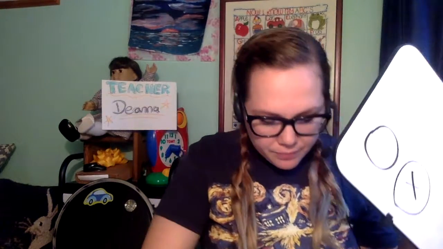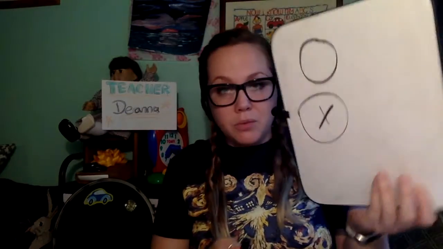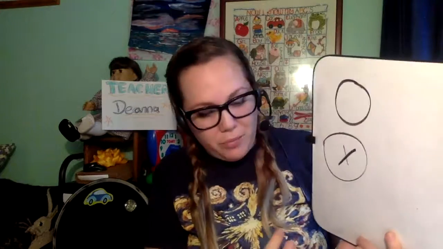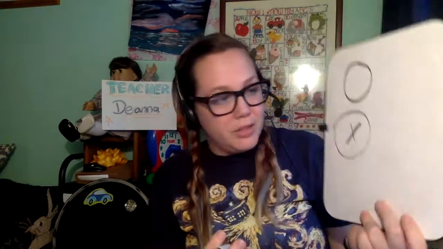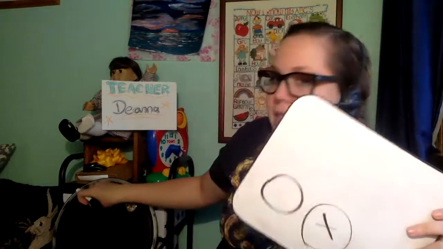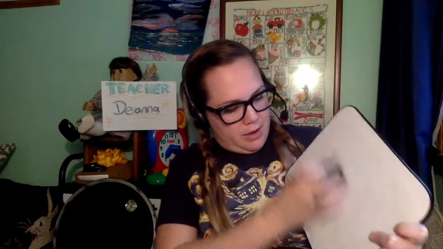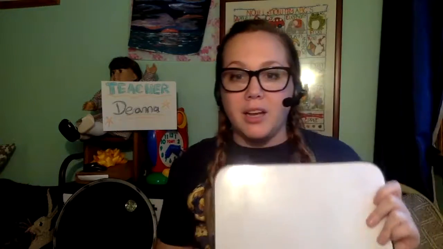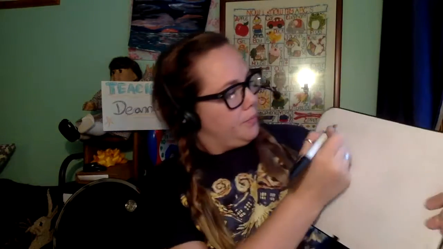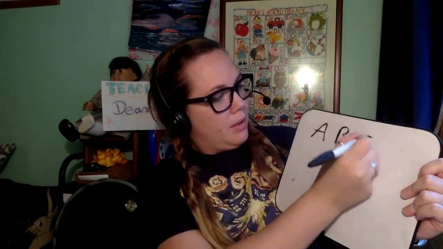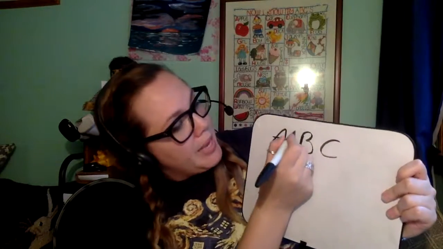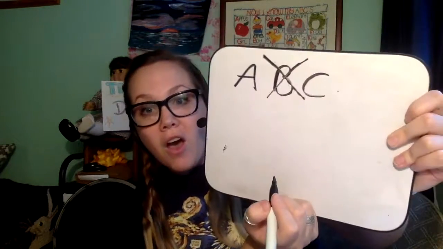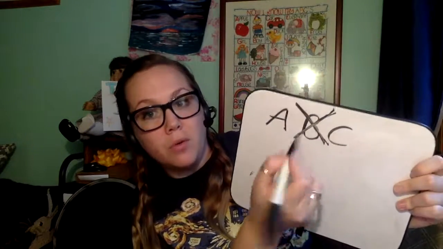You can grab something to write on. I used a piece of paper, which is fine if you don't have a small whiteboard. And if I'm teaching, I could say, cross out. Cross out B. Cross out. And I'm showing them cross out.